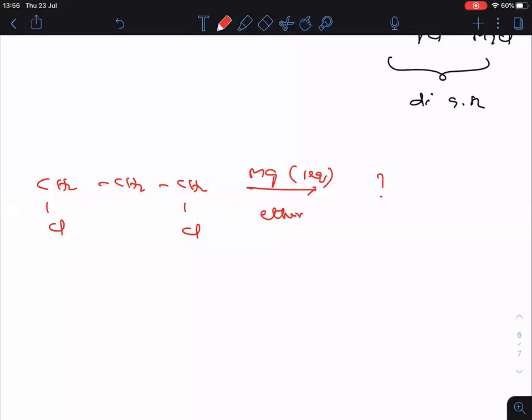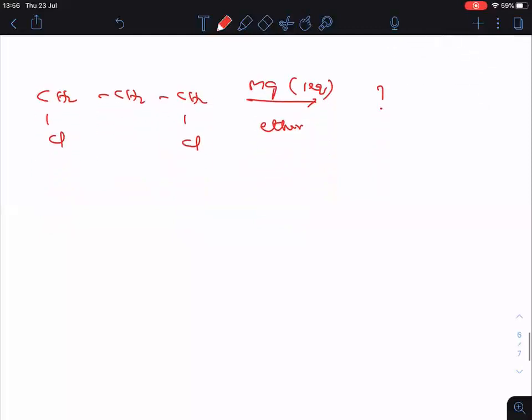Magnesium taken with one equivalent. I want you to solve this question. This is a dihalide.